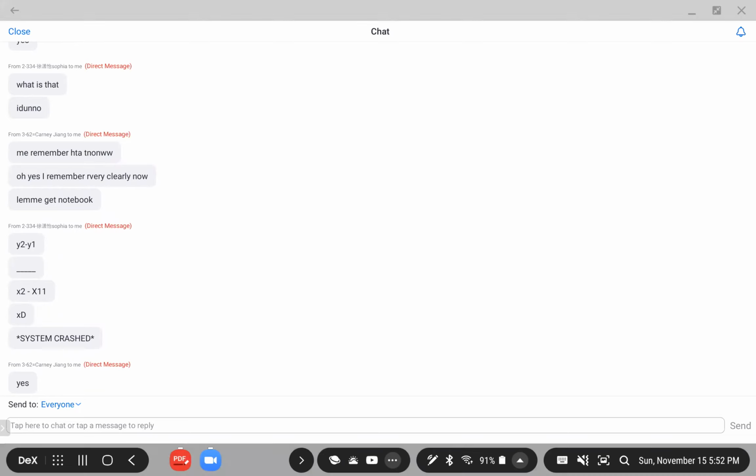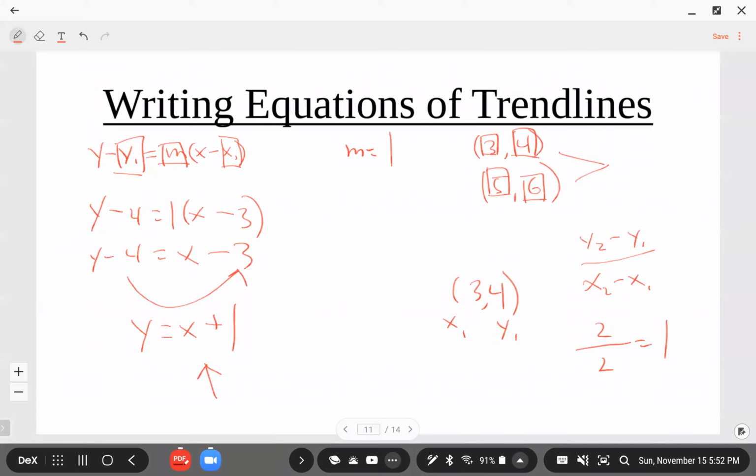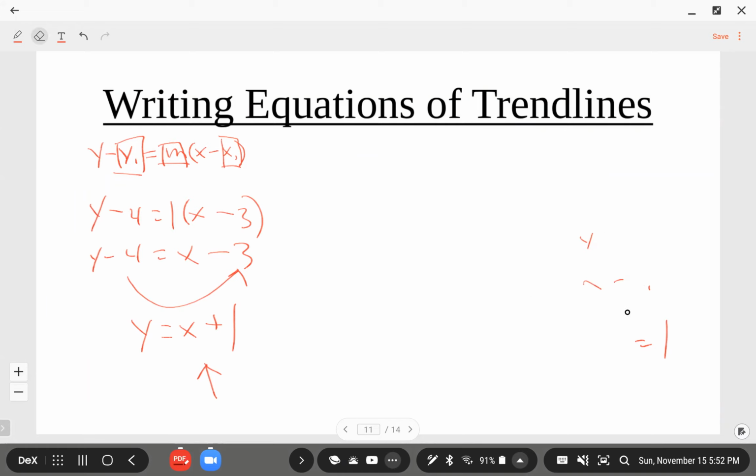Now, if you are going to write the equation of a trend line, they're not just going to give you those 2 points, are they? If you're taking an exam, or analyzing actual data, say you're doing a job, they're not going to give you the actual 2 points it passes through.